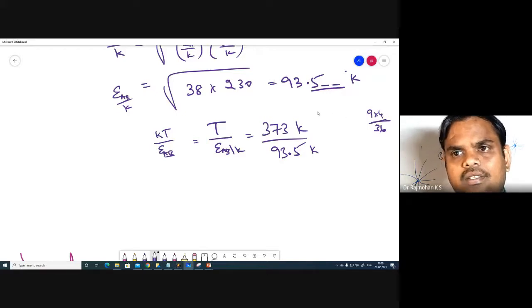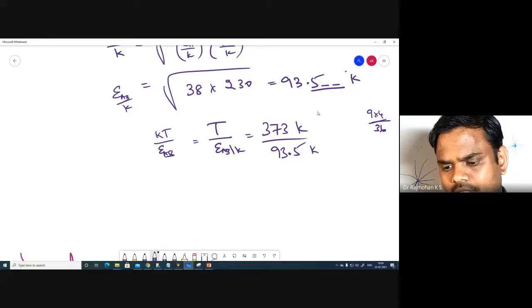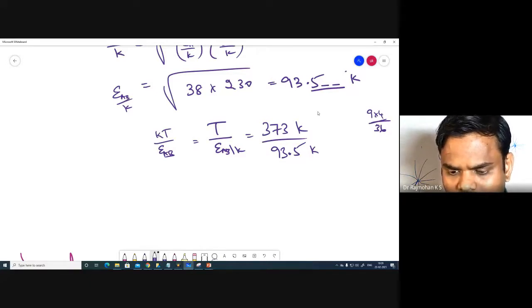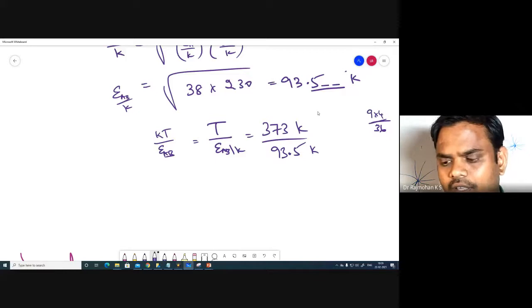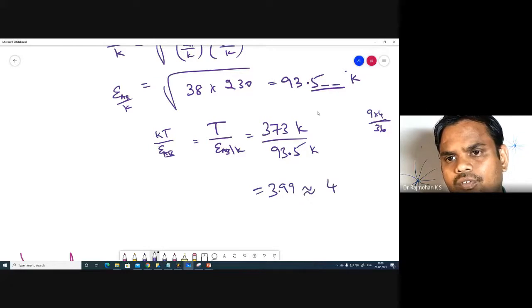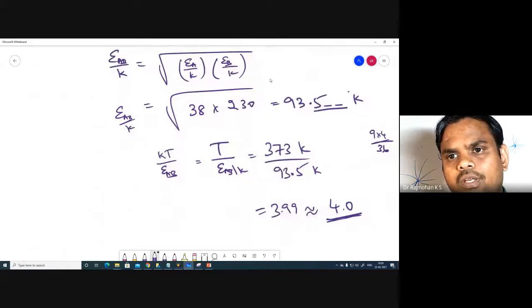Check it. 373 divided by 93.5 is 3.99, which we can take as 4. We are rounding it to 4 so that we can make use of the table data.